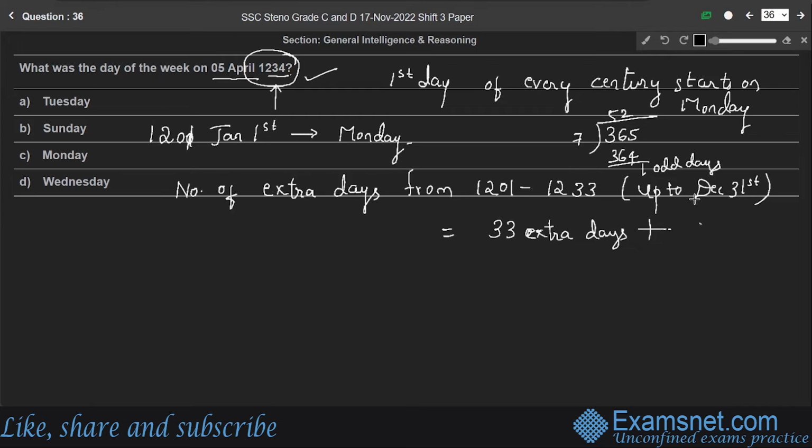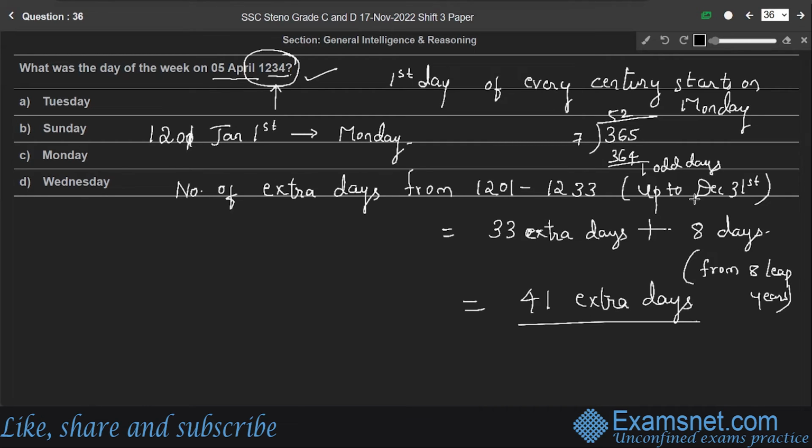So there are 8 leap years, or 8 odd days from the 8 leap years. Together we are considering 33 plus 8, which is 41 extra days, up to December 31st of 1233.